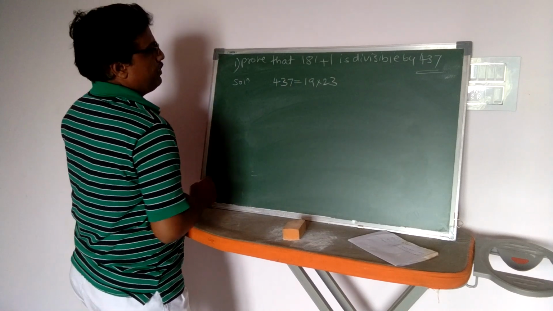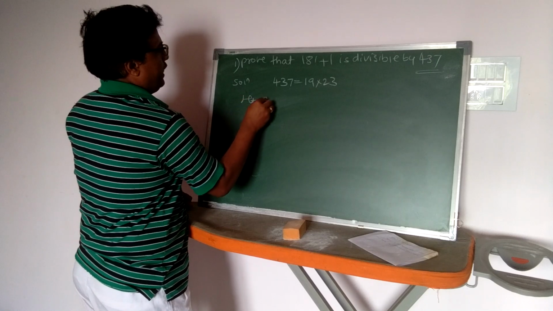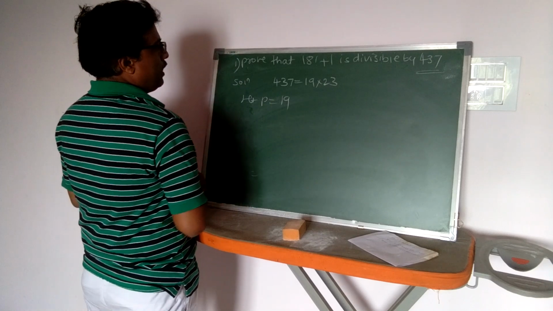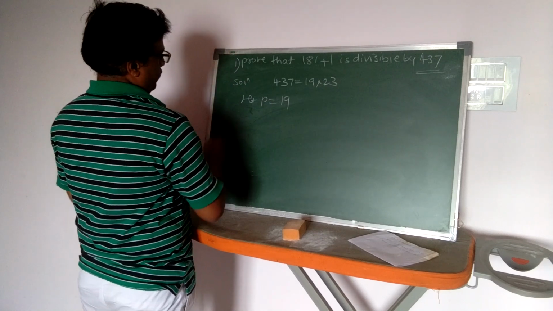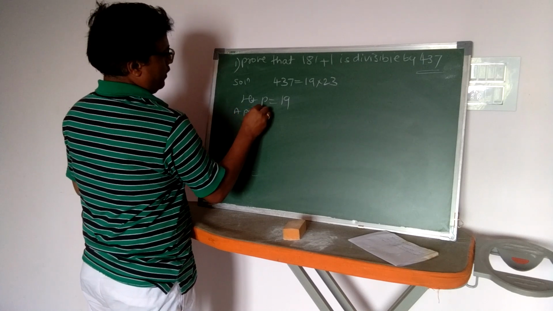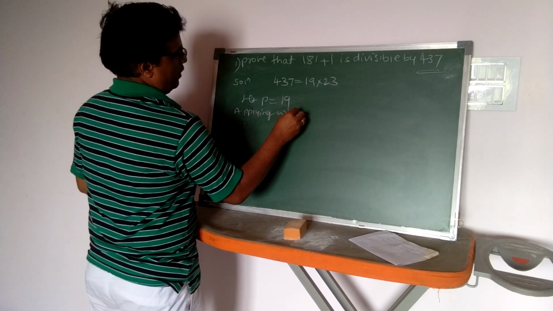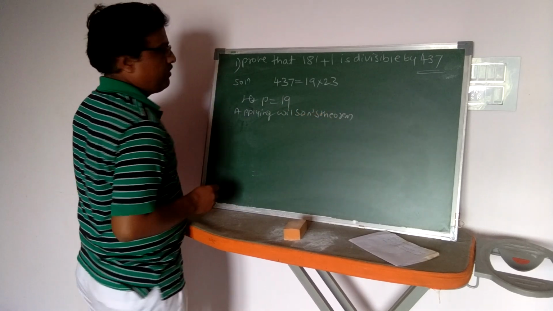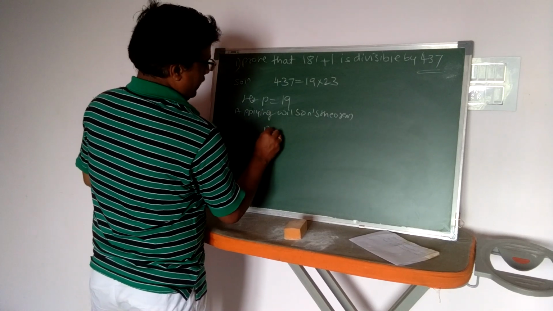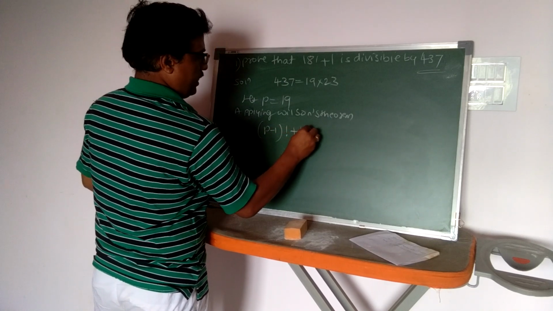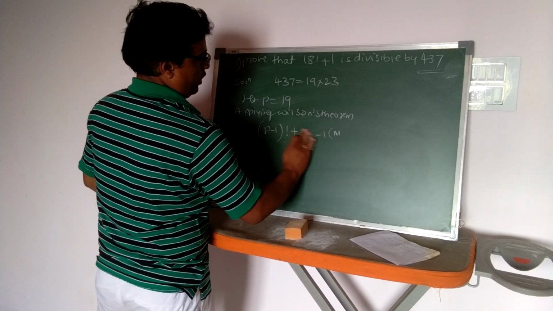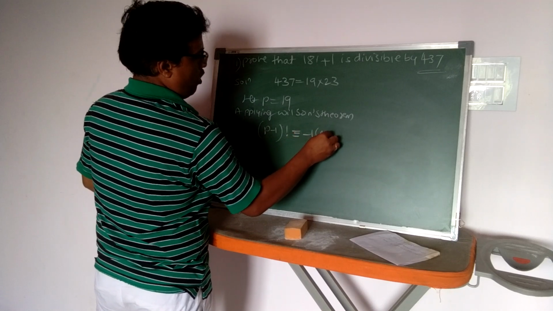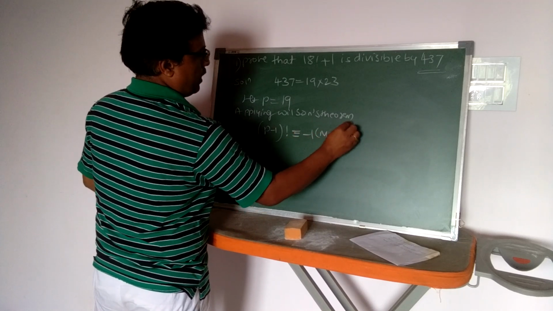So now let p be equal to 19. First take p as 19 and then apply Wilson's theorem. By Wilson's theorem we have (p minus 1) factorial is congruent to minus 1 mod p.